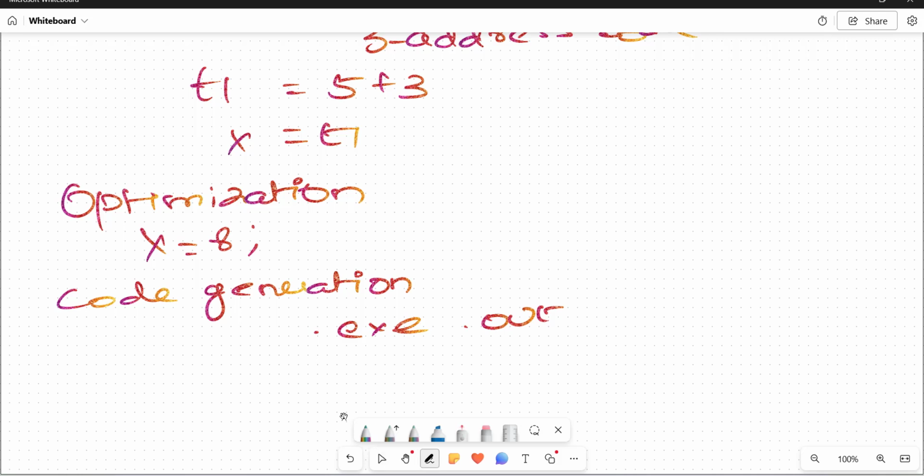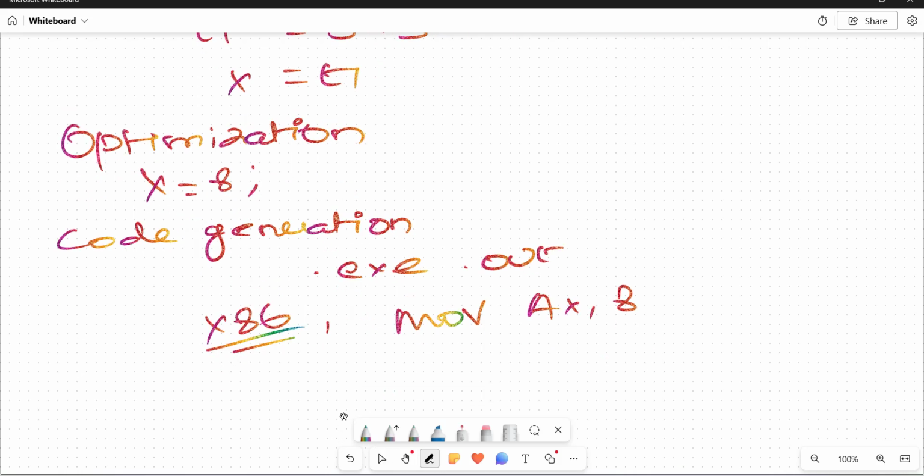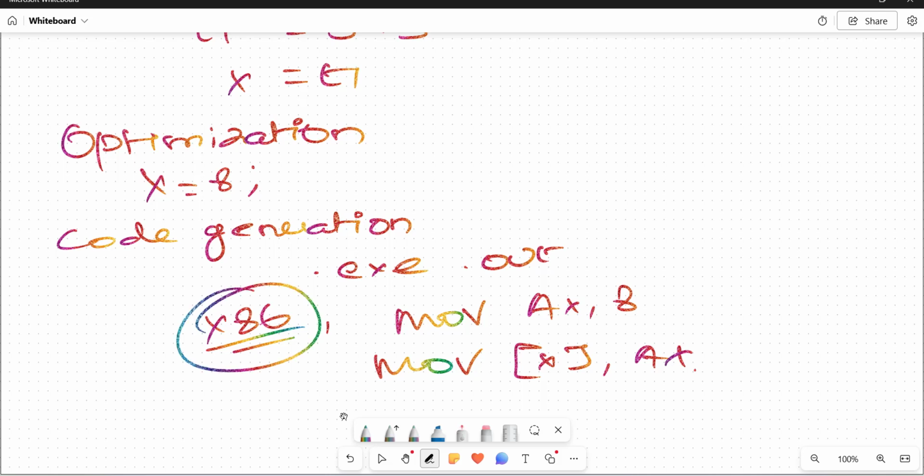Suppose you are using assembly for x86, it might look like mov ax, 8 and mov x, ax. The term x86, as I said, refers to a family of instruction set architectures.